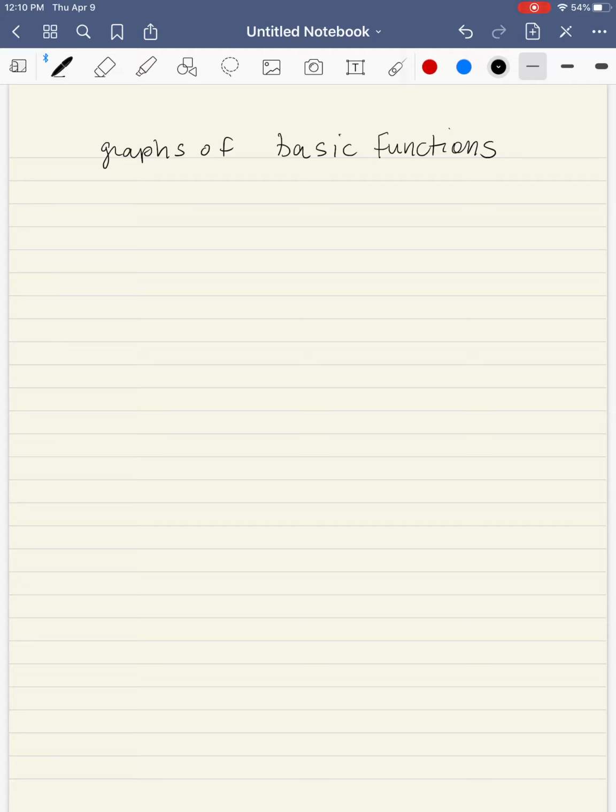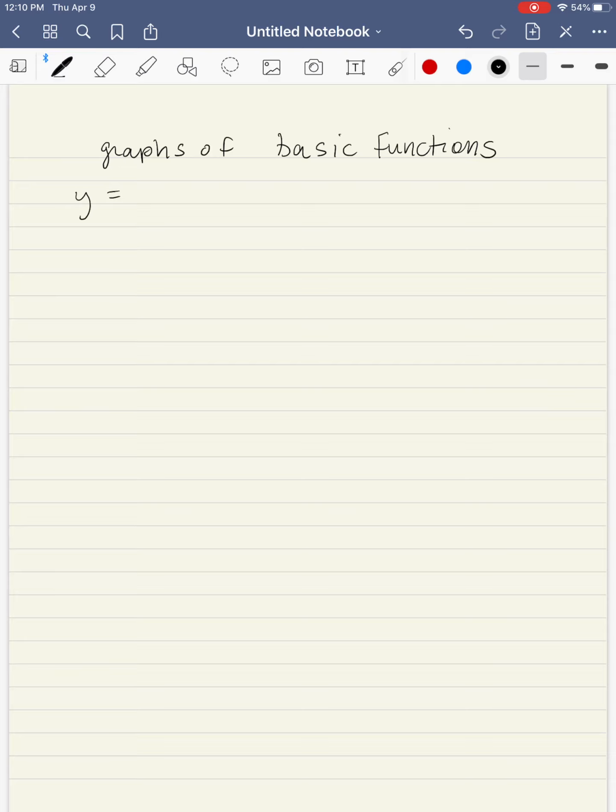If I were to make a t-table for each of these functions and plot as many points as I need to figure out the basic shape, I would end up with these shapes. So we're going to look at each of these very quickly today, and then use these basic shapes as we go through our lessons.